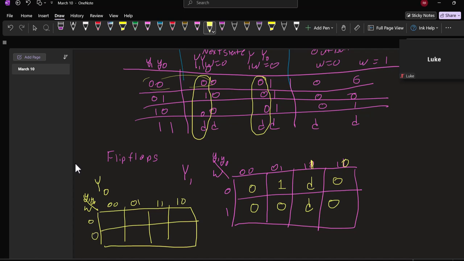we know that, again, the 1, 1s are don't cares. And I'm doing the second column. So when W is 0, they're all zeros. And when W is 1, they're all 1s.